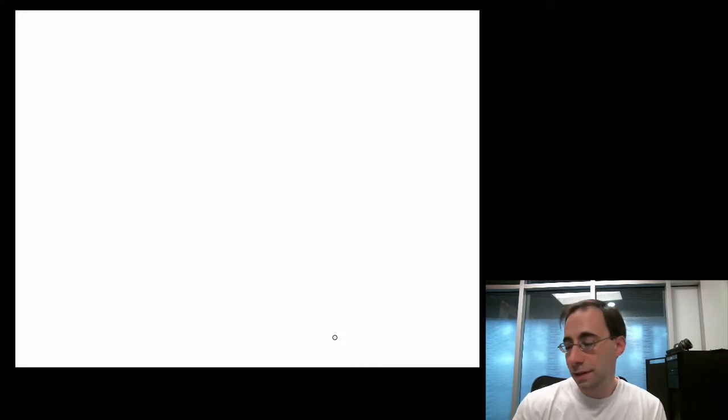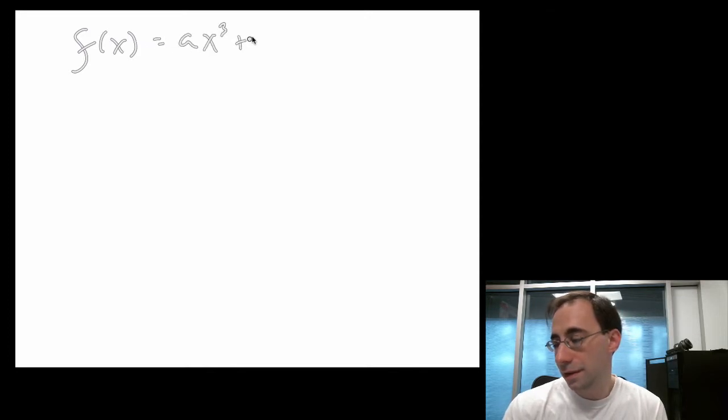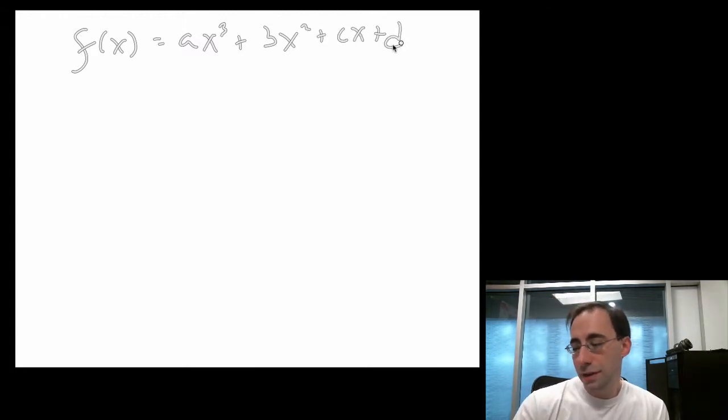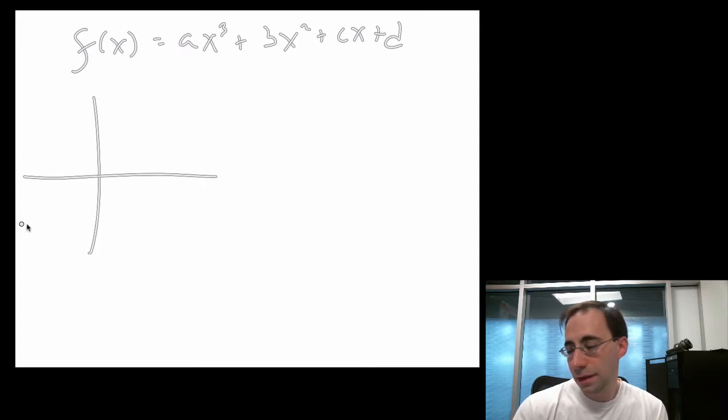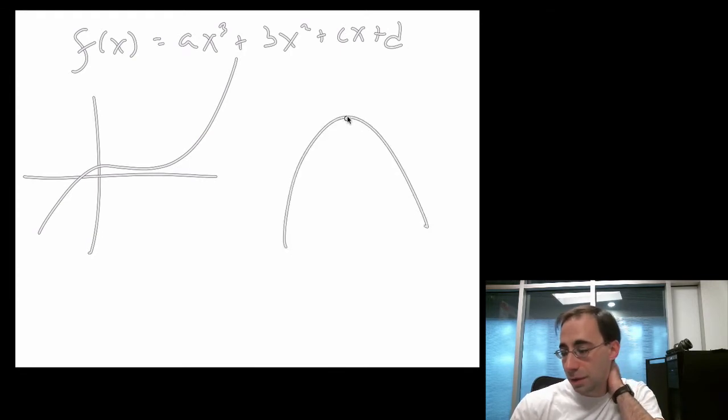You can go further and do a cubic equation. So here's a cubic equation. You might guess it involves a cubed term. Cubic equations can look something like this, or whatever you want it to look like. They have multiple bends. A quadratic equation has 1 bend.